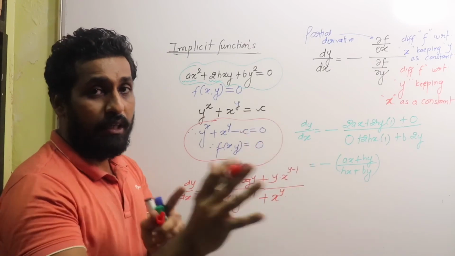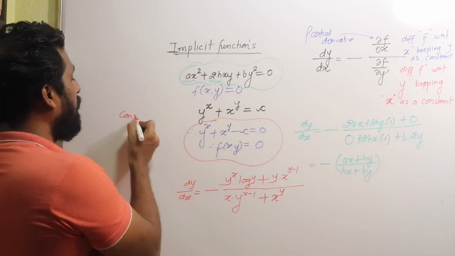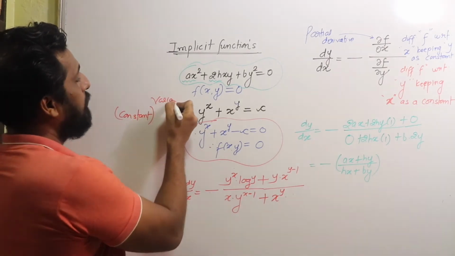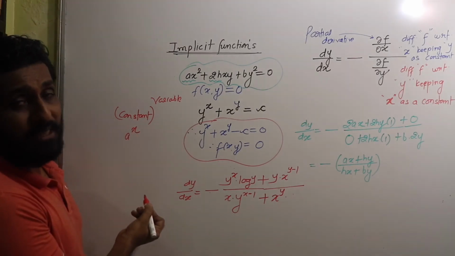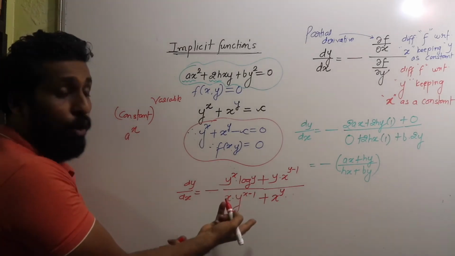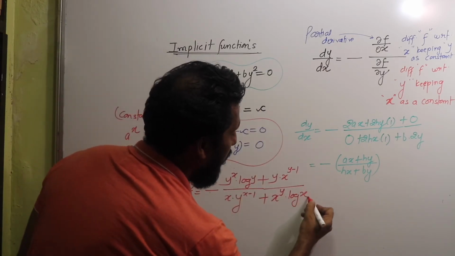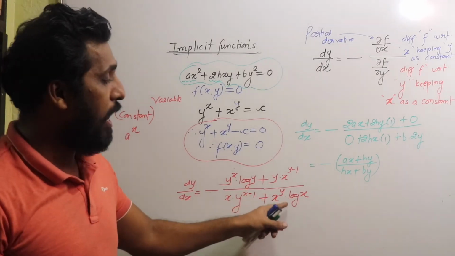Variable and constant is what you have to understand properly. x is a constant and y is a variable, so it is like a raised to x, and derivative of a raised to x is a raised to x log a. That is what I am using here. So x raised to y log x, isn't it? x is a constant, x raised to y log x.